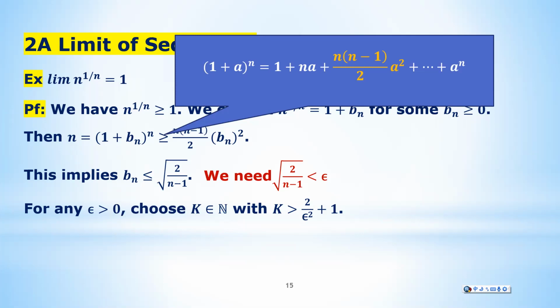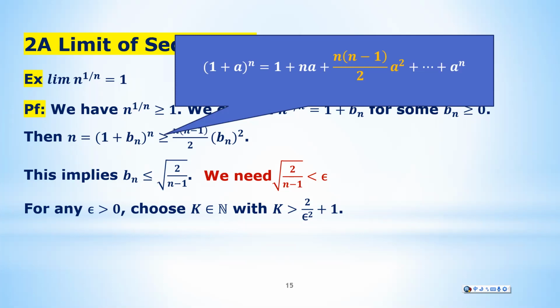When you solve the previous inequality, square root 2 over n minus 1 less than epsilon, you're going to get n has to be greater than 2 over epsilon squared plus 1. Because you square it on both sides, and then you divide by 2, then take the reciprocal, then you put minus 1 to the other side, you get this inequality.